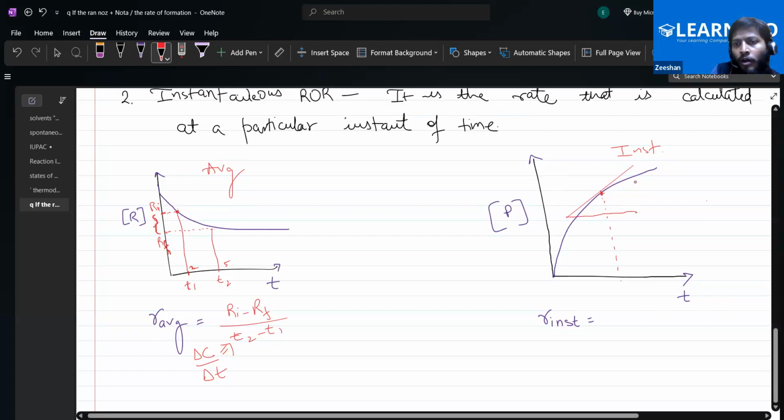So you have to draw a triangle on it and you have to find theta of it. So you will get this delta C by delta T, which will be dC by dT.